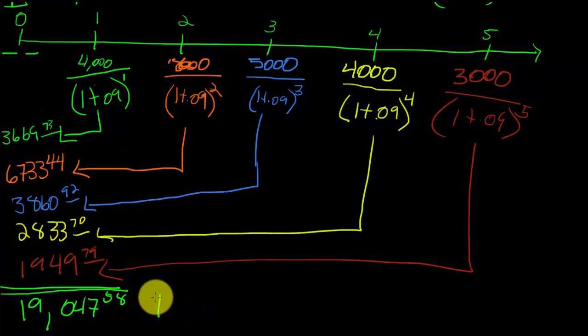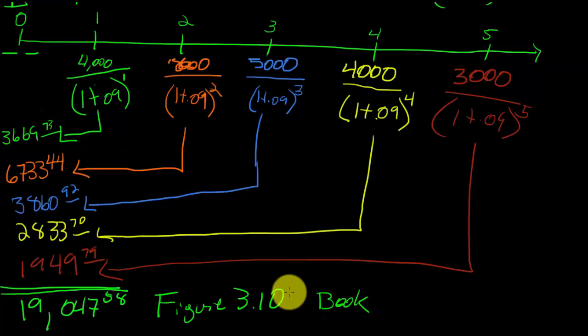Again, this is Figure 3.10 in the textbook. So that's basically it. When you discount these back, you're going to do them one at a time, and one at a time, and one at a time.